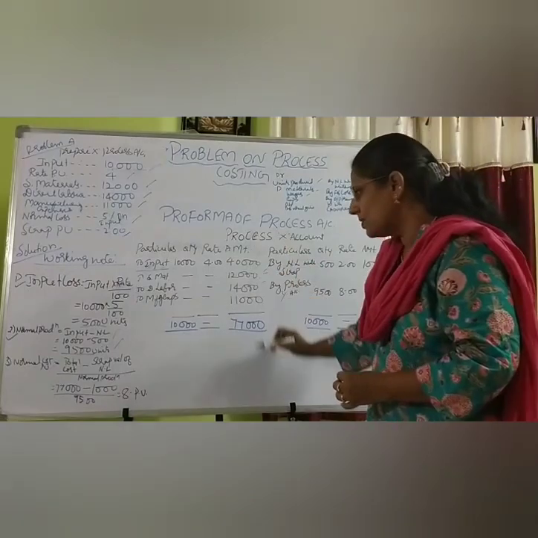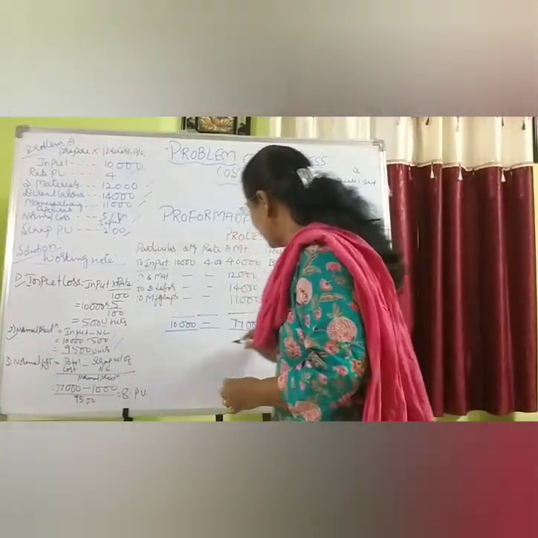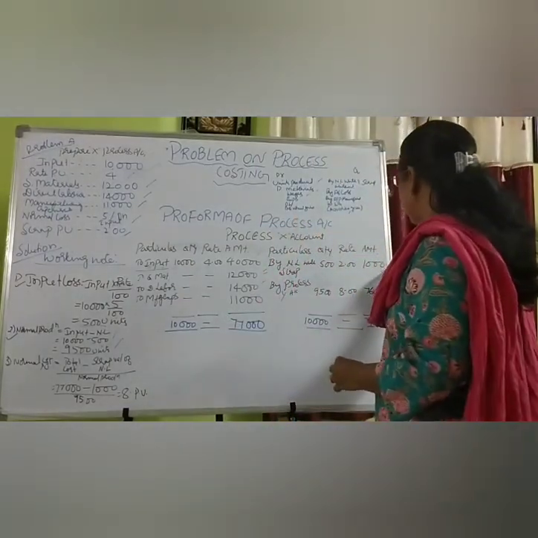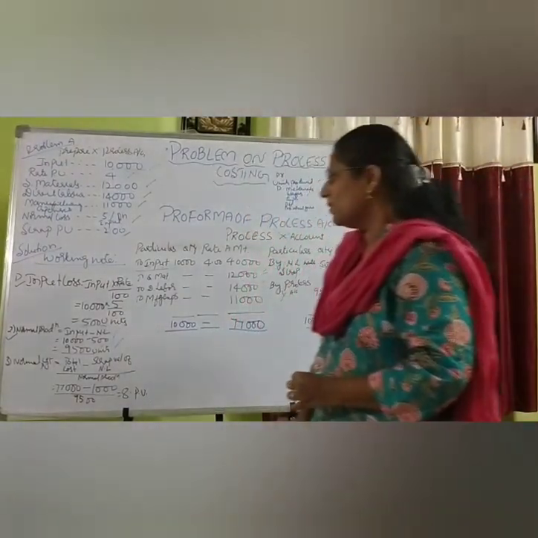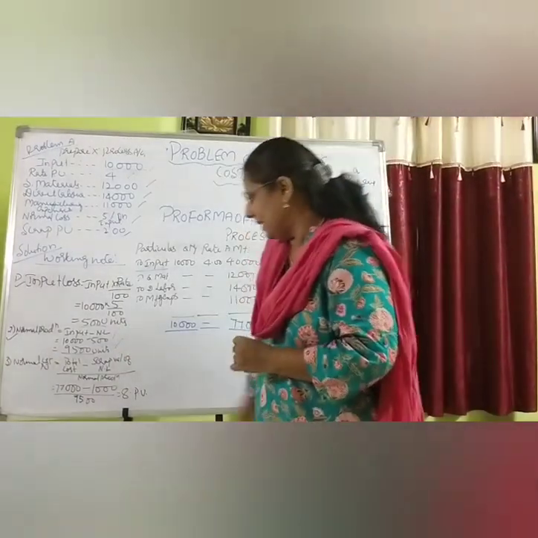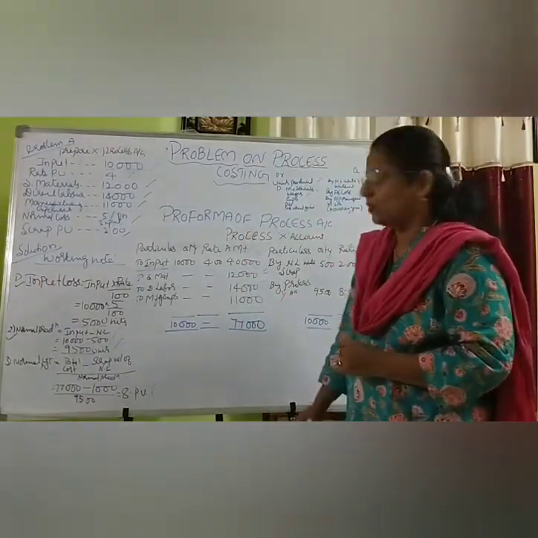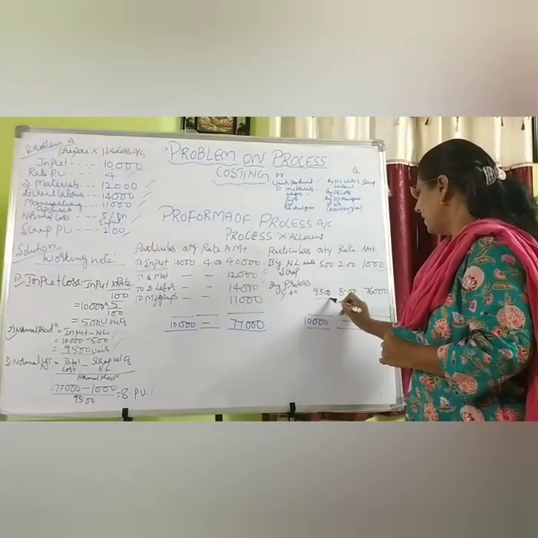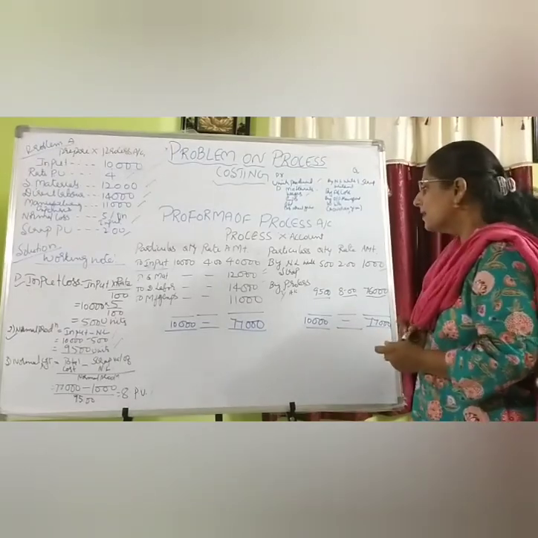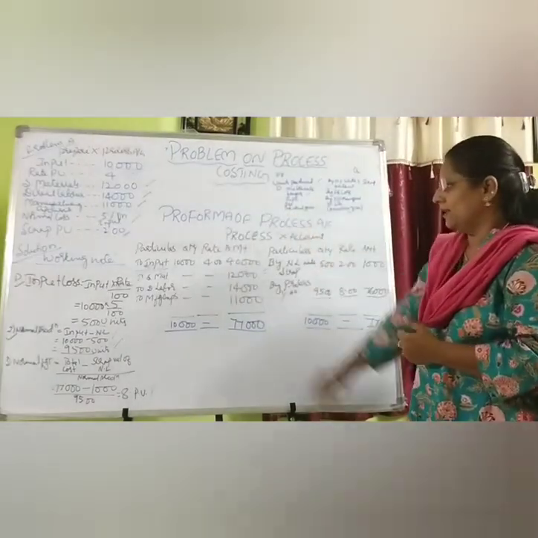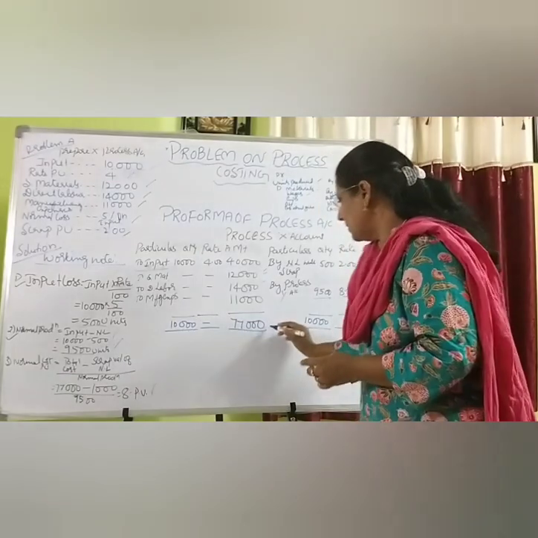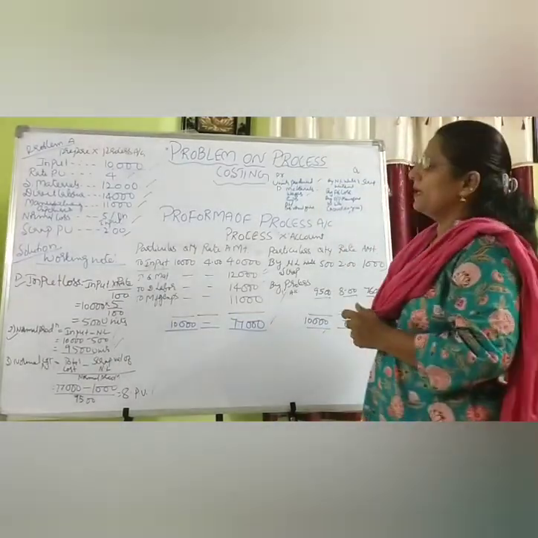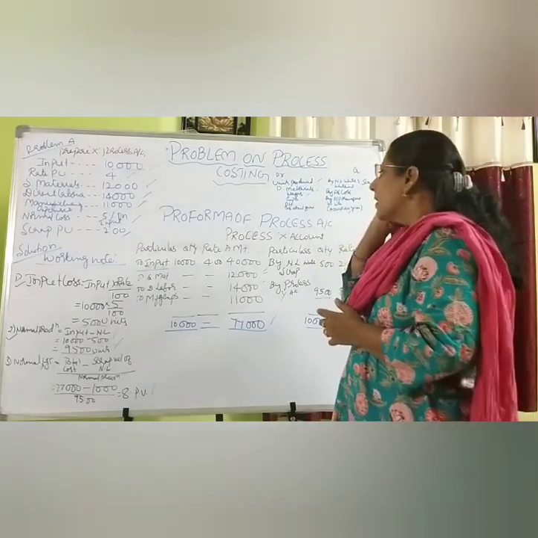The total cost is 77,000 minus scrap value of NL, that is 1,000, divided by 9,500 which we have calculated here. This is 8 per unit. Now let us take by process Y account 9,500, 8 per unit, 76,000. Now we'll go for the total. This will be 10,000, 77,000, 10,000, 77,000. In this way we have to prepare the process account.